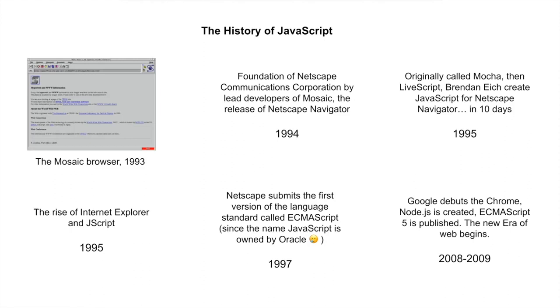And in 2009, Ryan Dahl, single-handedly, he was the only engineer at the time, created Node.js. It's an environment where your JavaScript code can run on the server.